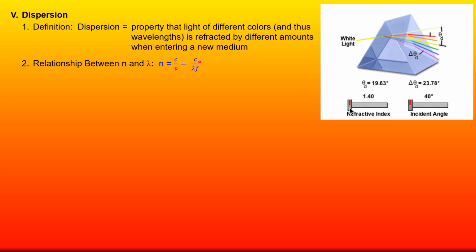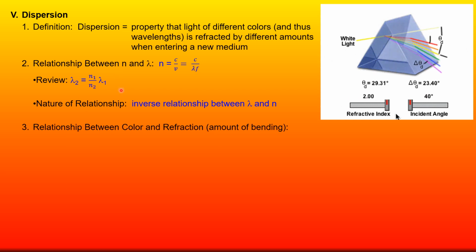Since f is a constant and c is a constant, you can clearly see that there's an inverse relationship between the index of refraction and the wavelength of light that enters it. Here's the relationship that we derived on a previous slide, and this tells us too this inverse relationship. You see here lambda 2 equals 1 over n2, an inverse relationship between lambda and the index of refraction.